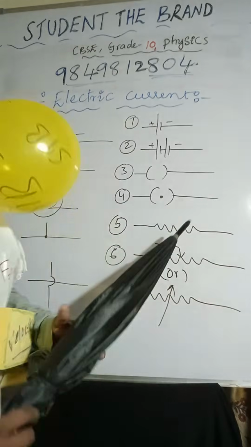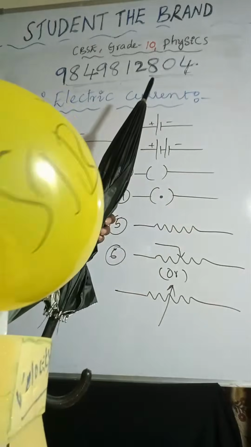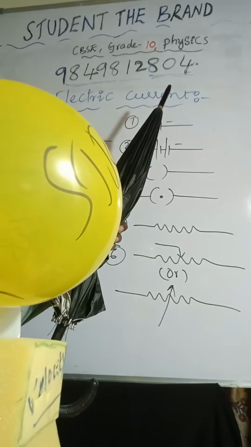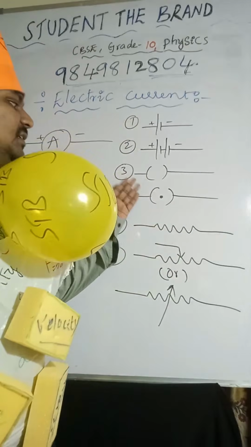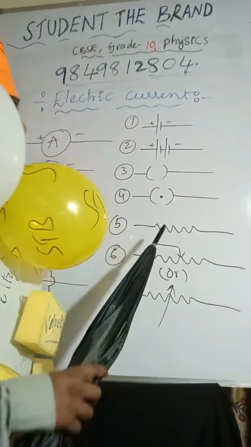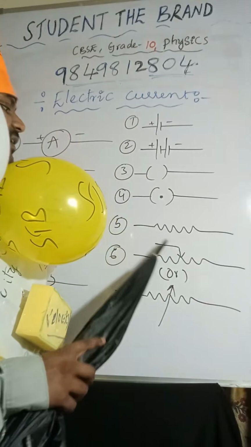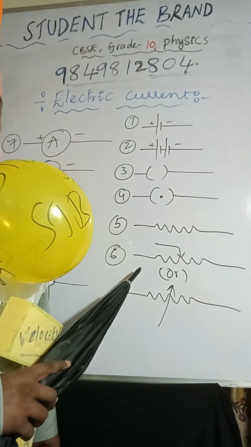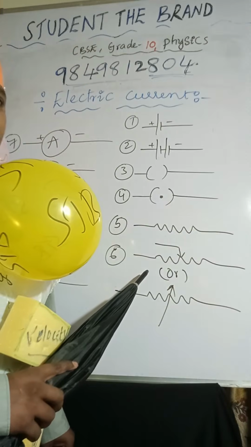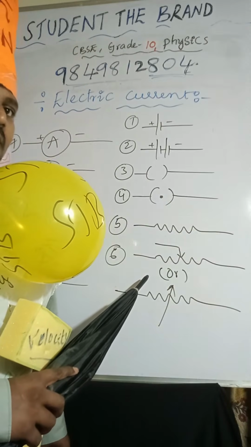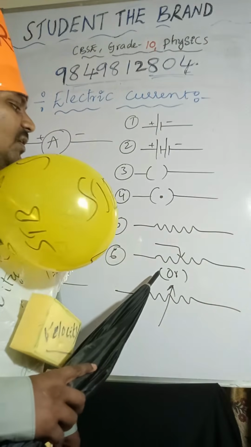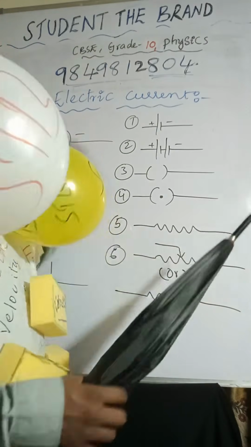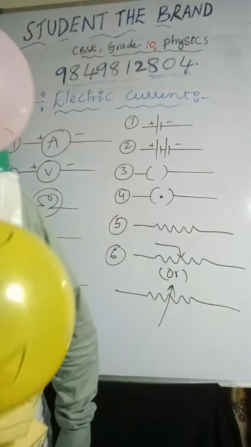A resistor is a device used to oppose electric current in the circuit. A rheostat is a device used to regulate the current without changing the voltage source. So that is about electric current. Okay, next.